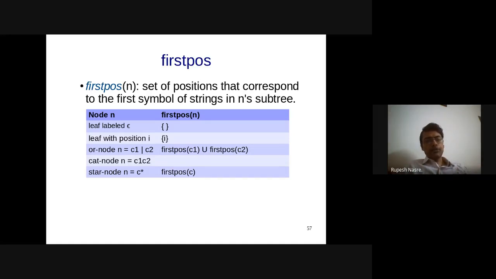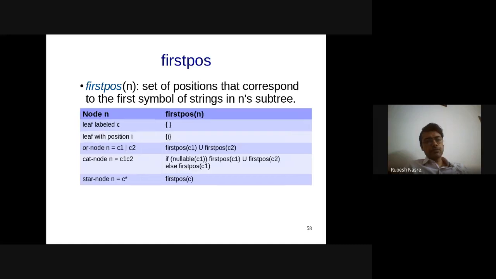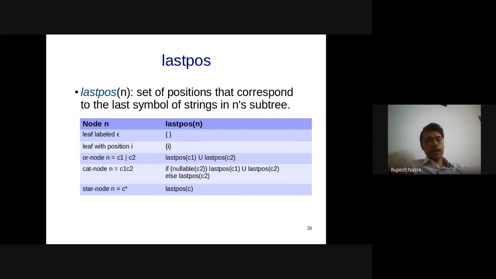But for the cat node, by default it should be firstpos of C1, but then C1 could be nullable, in which case we have to unify firstpos of C1 and firstpos of C2. Similarly, for lastpos, we had the OR node as the union, and for the cat node, if C2 is nullable, then it becomes a union of lastpos of C1 and C2.